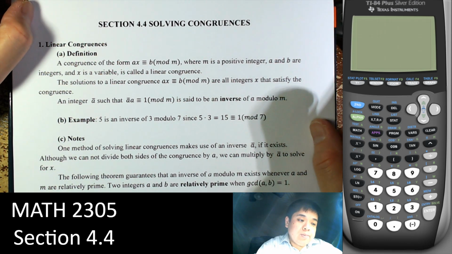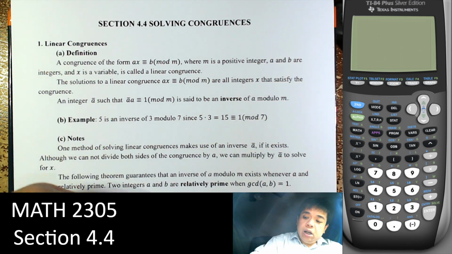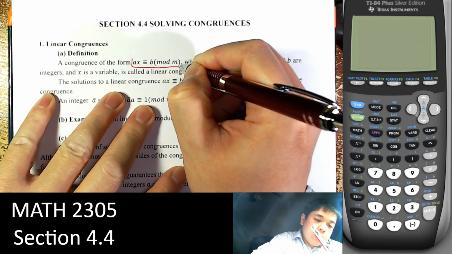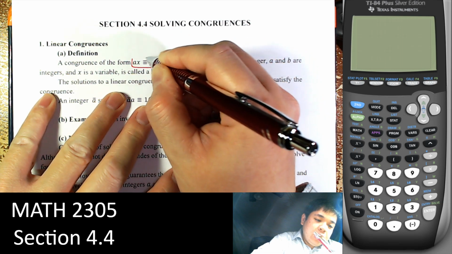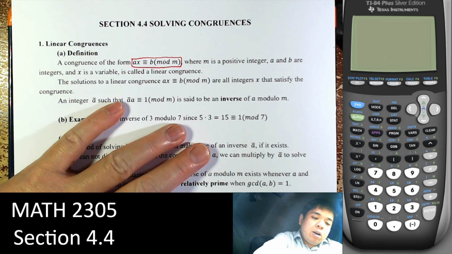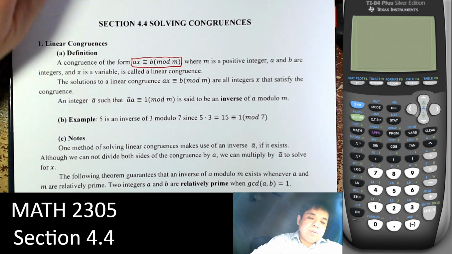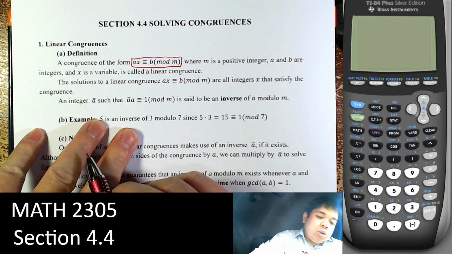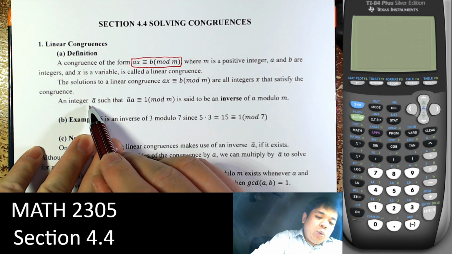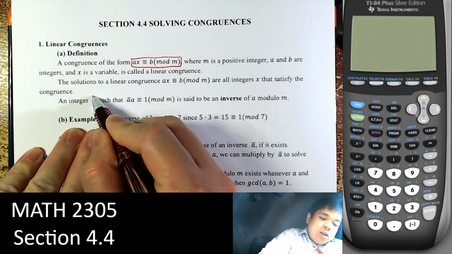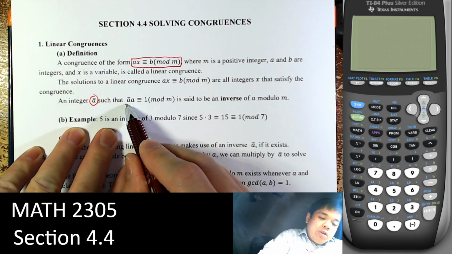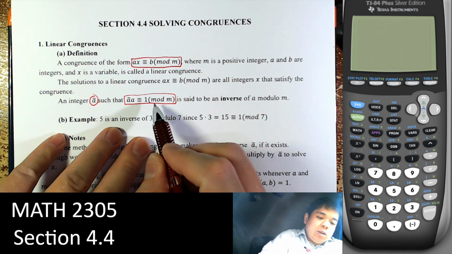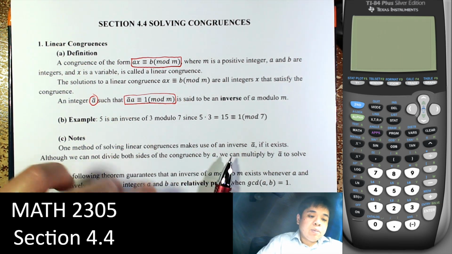Solving congruences. In this section we will solve this equation: a times x is congruent to b mod m. The solution is that we define a bar as the inverse of a, so that a times a bar is congruent to 1 mod m.